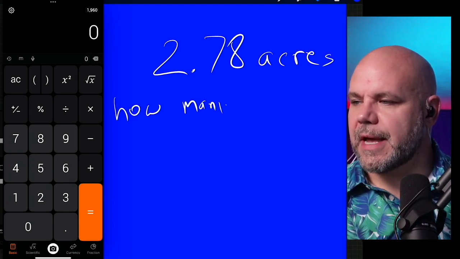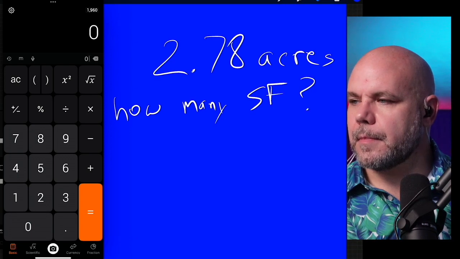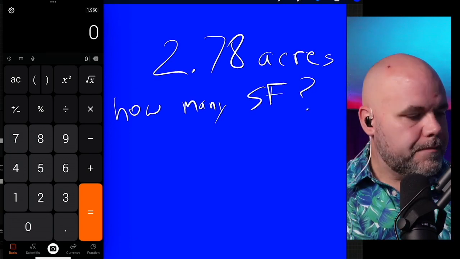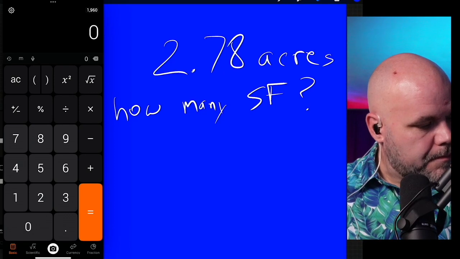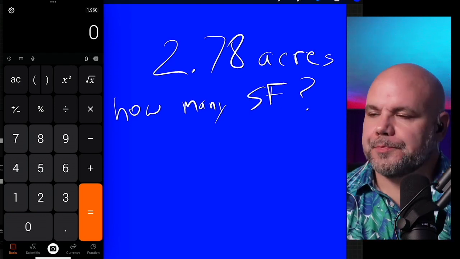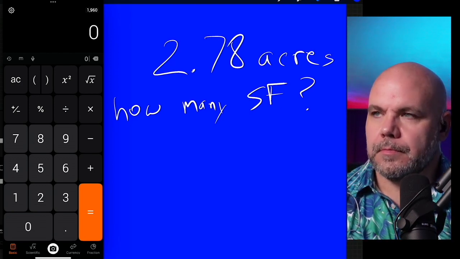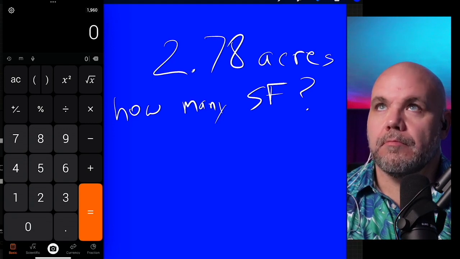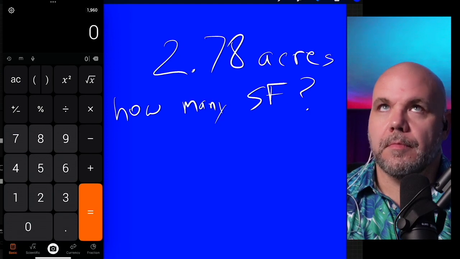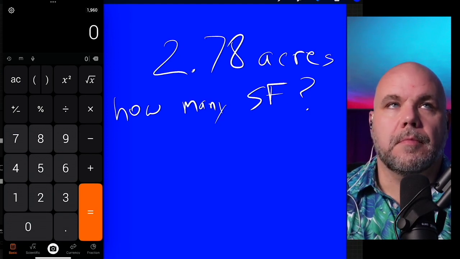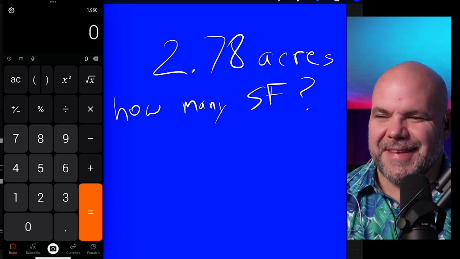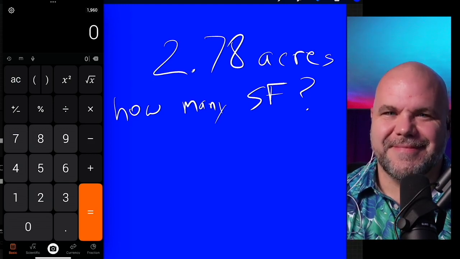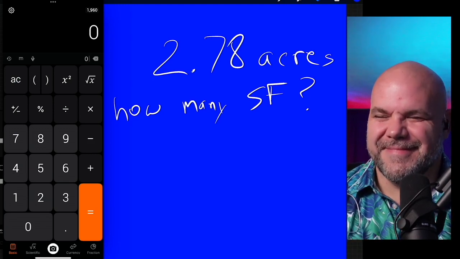How many square feet is that? These give me the most trouble, the acre. I don't know what my brain is not. I don't know, but we're about to find out.